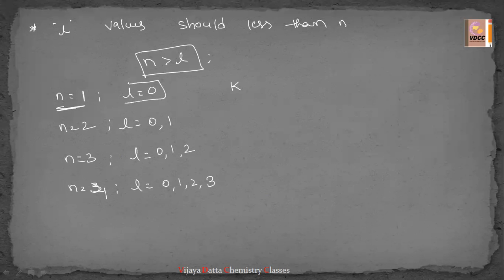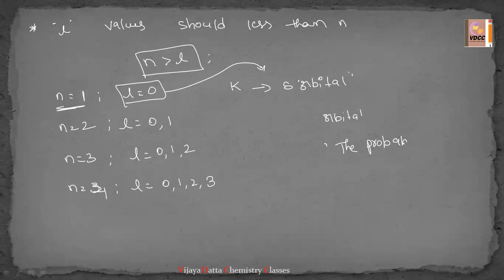And also when L equals 0, that orbital we represent as the S orbital. What is the definition for orbital actually? The orbital is the region where the probability of finding an electron is maximum.